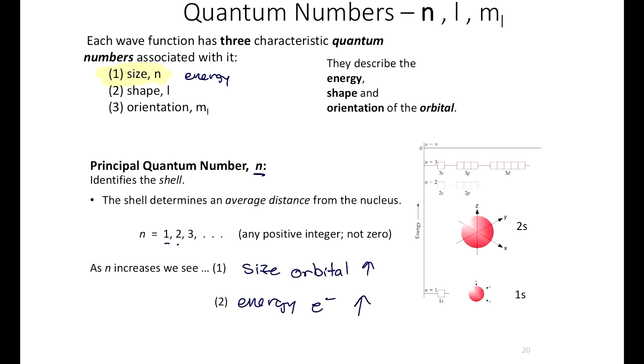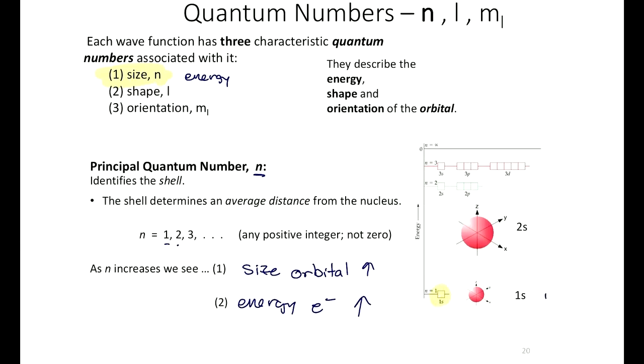So here is the box for a 1s orbital, or for an n equals 1. And then here we have the energy for n equals 2. If we compare the location where we'll find an electron in either one of these energy levels, we see that in n equals 1, we're restricted to a smaller area, versus n equals 2, it's much larger, all right?